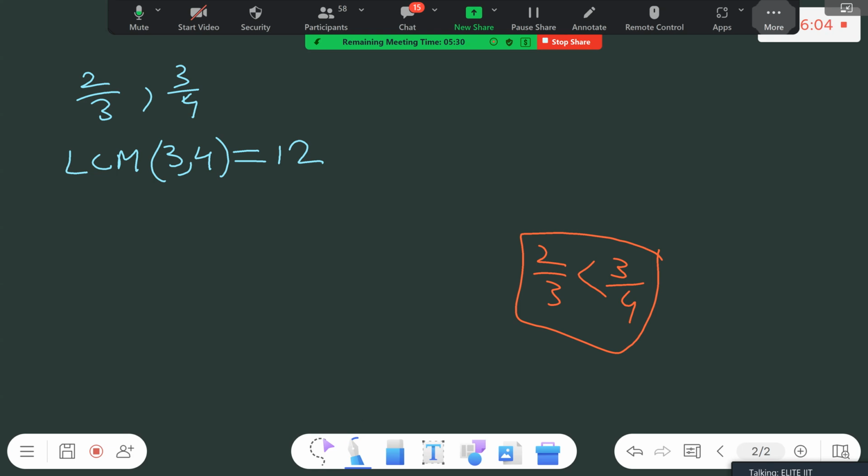Do you know what is co-prime? Co-prime numbers are numbers which have only common factor 1. What is the common factor between 3 and 4? Only the number 1 and nothing else. So what is the LCM of 3 and 4? It is 3 into 4, that is 12.